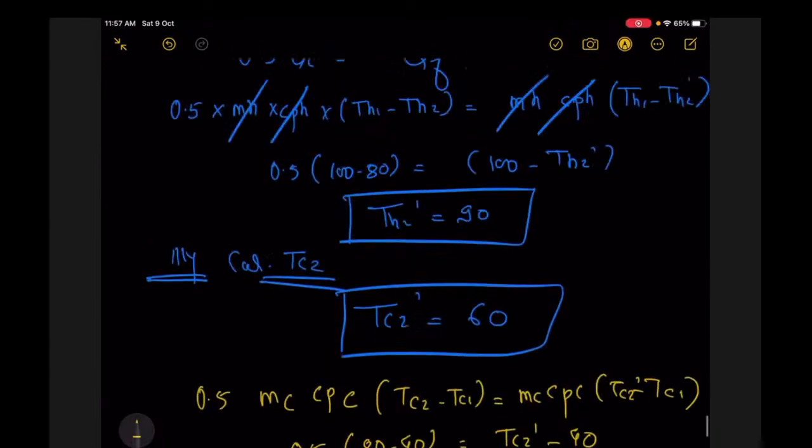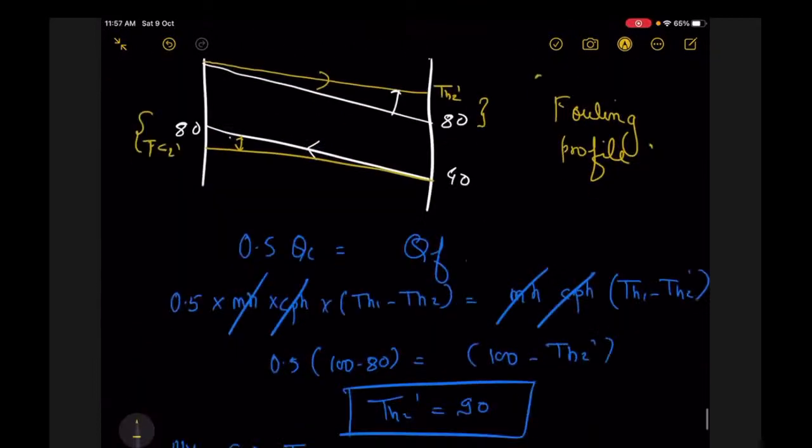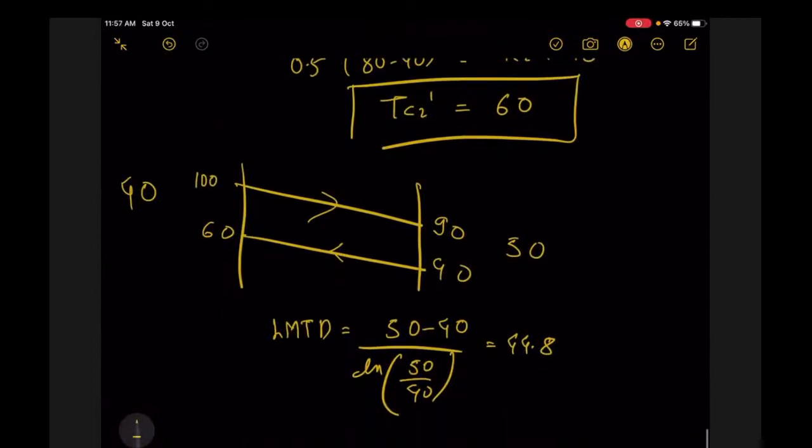So what they have asked in the question is: calculate the LMTD in the new system. So this is the LMTD in the new system.